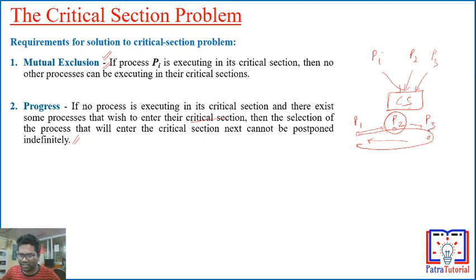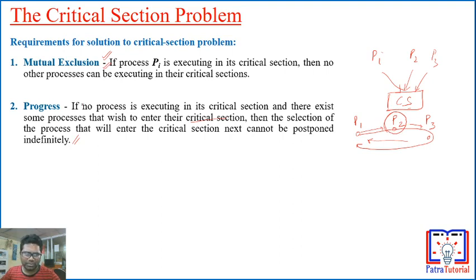That means unnecessarily P2 doesn't want to go to the critical section, but because of P2, P3 is not able to go. This is strict alternation: P1 gives to P2, P2 gives to P3, again P3 gives to P1. If a process is not interested in getting into the critical section, then it should not create any problem.